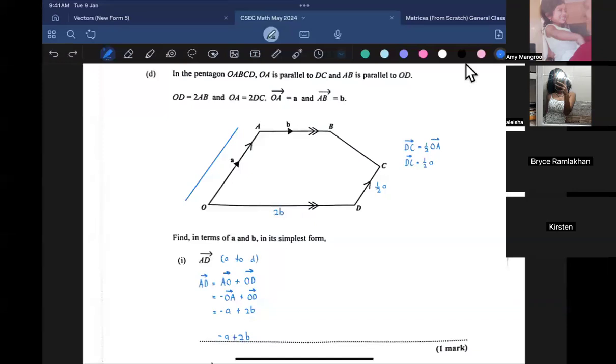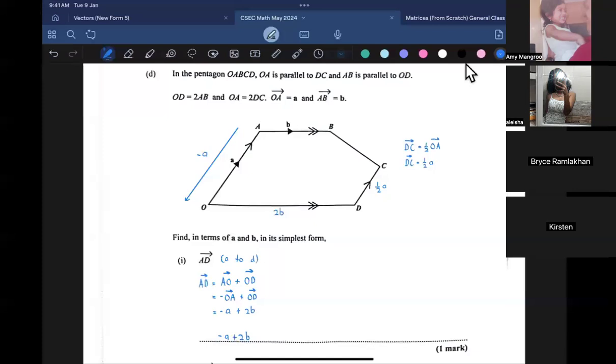See if you could explain what I did quickly. Since you don't have the vector going from B to C, and you still want to go from A to D, you could take the other path, and go from A to O and O to D. But we don't have the vector A to O, but we know we could find A to O by inversing the vector.